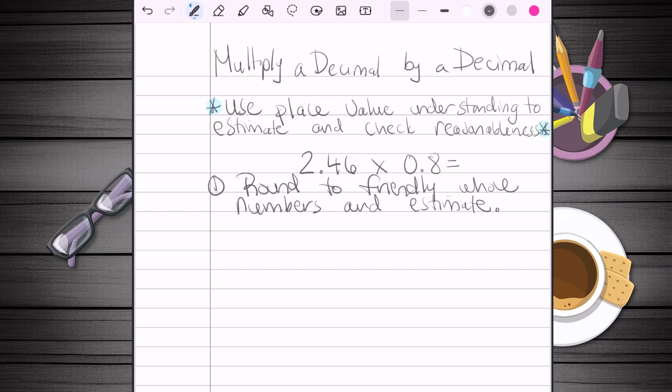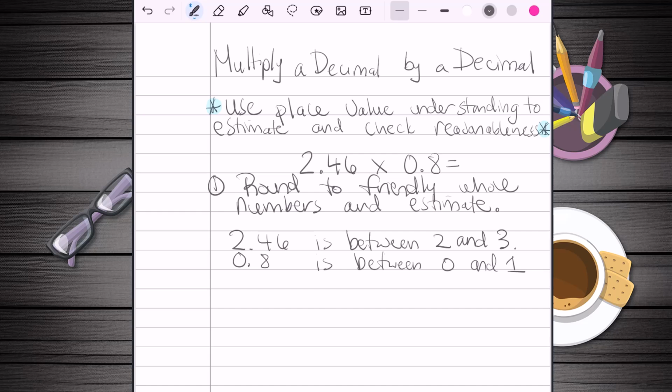Now, when we're rounding to friendly whole numbers, we want to get as close as we can to the numbers we're multiplying, so we may not always round correctly using our rounding rules. So I want to think about 2 and 46 hundredths. It's between the whole numbers 2 and 3. And 8 tenths is between 0 and 1.